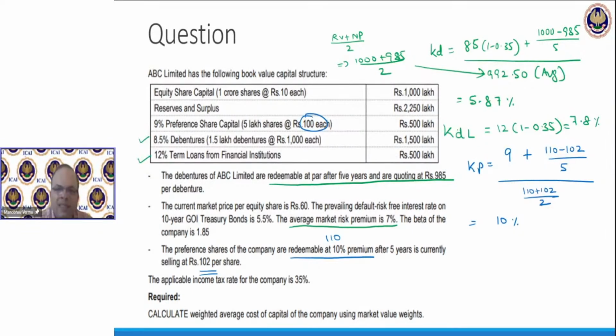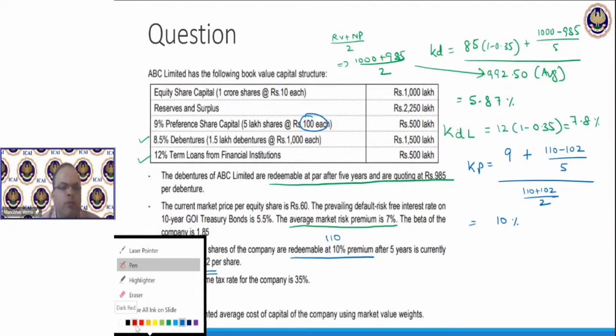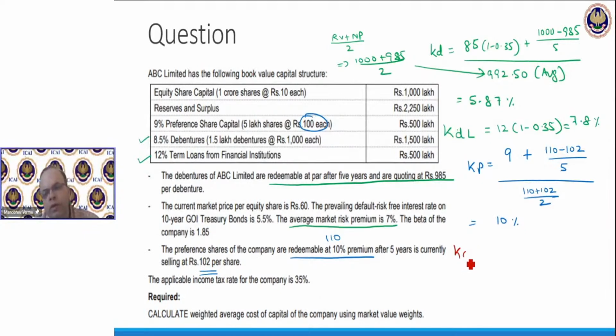If these three elements are done, and those of you who have done the three elements, can you calculate and confirm what will be the cost of equity? Which method do we use here? Which method do we use and what will be the cost? Himanshu, perfect.